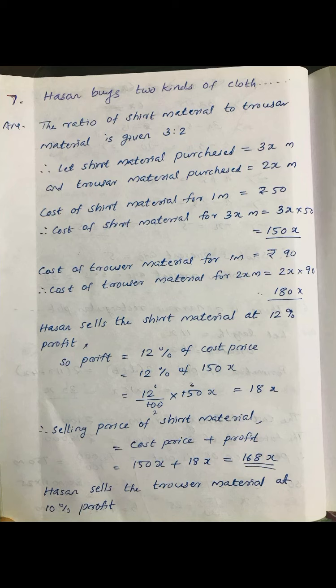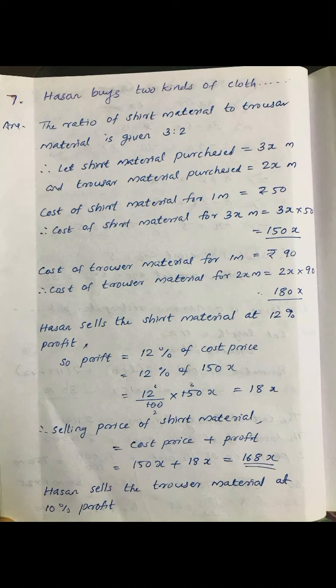Here the percentage of profit is given as 12. So 12% of the cost price of the shirt material, which is 150x. So 12% into 150x, we will get 18x.